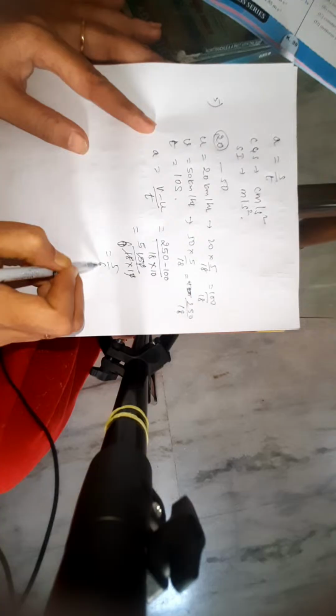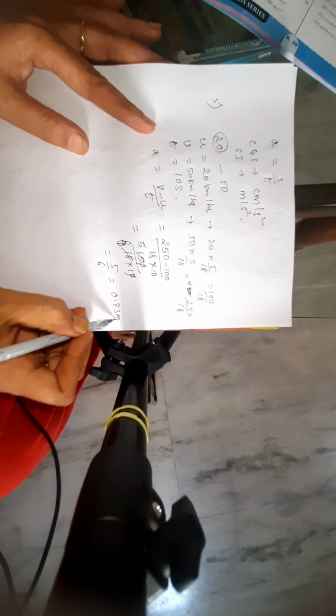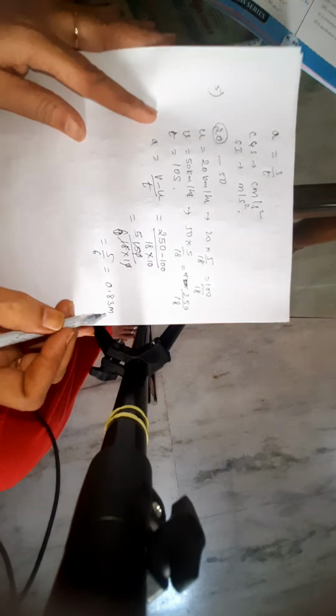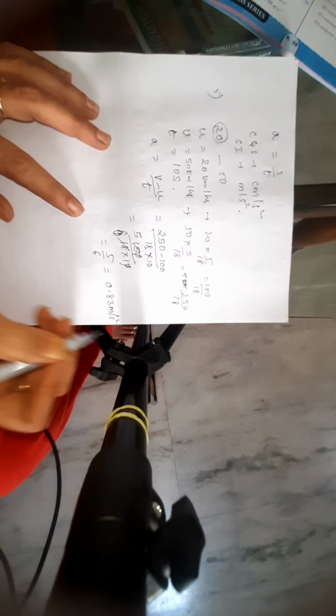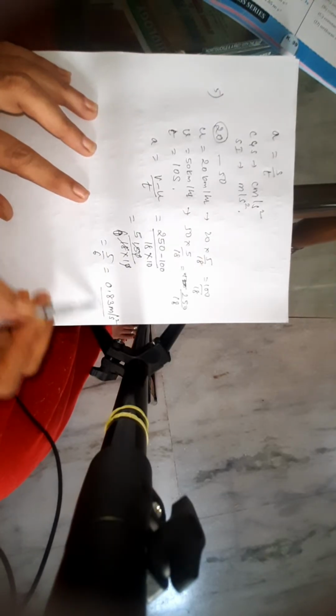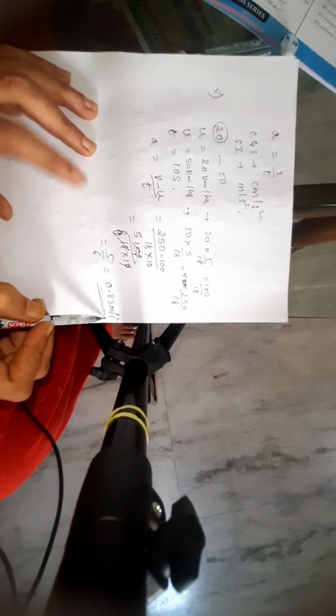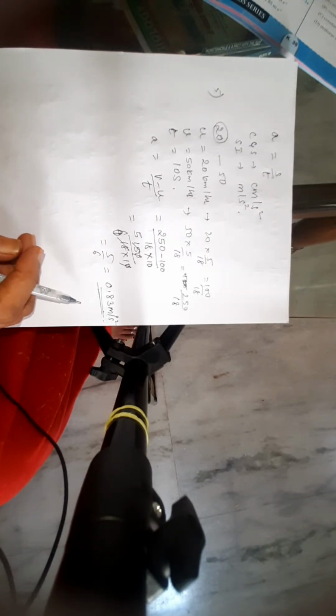So it's 5 upon 6, which is equal to 0.83 meter per second square. Whenever we find acceleration, you need to keep in mind the unit, which is meter per second square. Is it clear? Those who are attending, are you able to understand what I'm explaining? Is it clear?